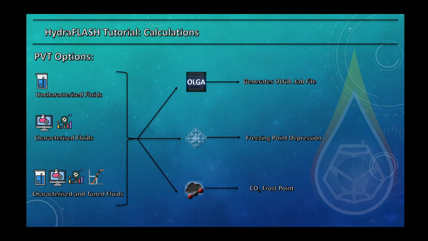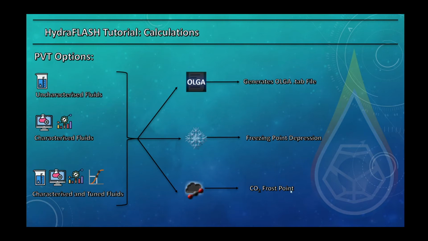This is the freezing point of water. So if you want to know how much salinity or the presence of THIs, alcohols or glycols affect the freezing point of water, you can use this calculation module.